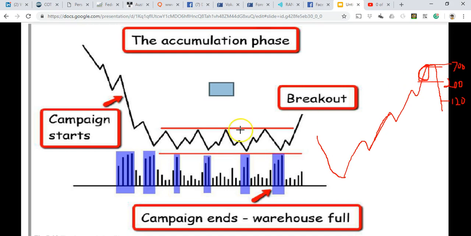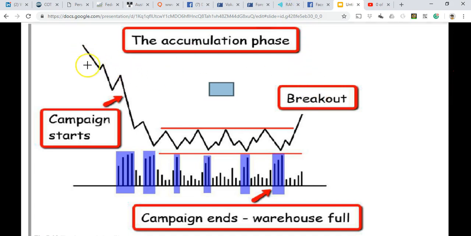There was a period here that will see the market coming down. This is the market maker accumulating, redistributing, accumulating, and kind of trapping, redistributing and accumulating, just like that.